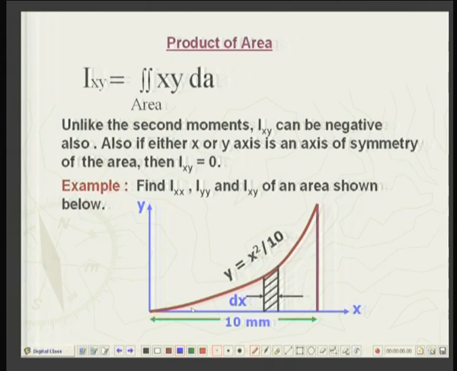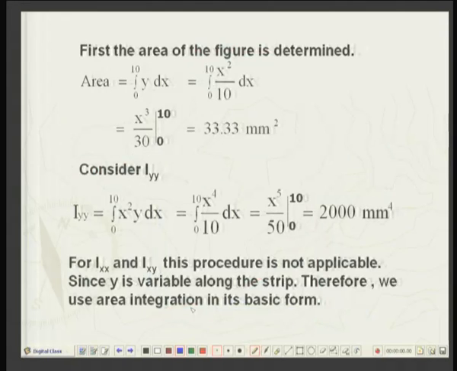So, x square into y dx, this is the area of the strip, this is distance square, integrated from 0 to 10, again substituting y is equal to x square by 10. So, you will have x to the power 4 by 10 integrated from 0 to 10, and very simply you get 2000 millimeter to the power 4.